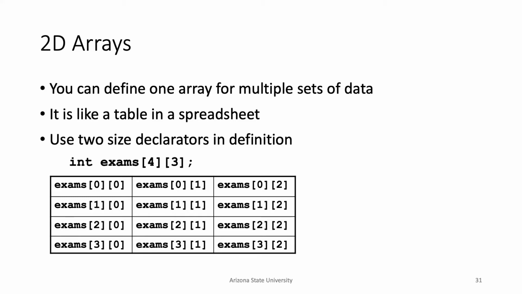N times m, good. And this will be handled in exactly the same way as we have used arrays before, both setting and getting. So if I want to set exams of 0 of 0, then I just put on the left side exams of 0 of 0 equals 42 or whatever. So they do exactly the same thing.